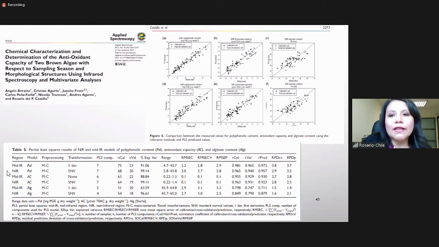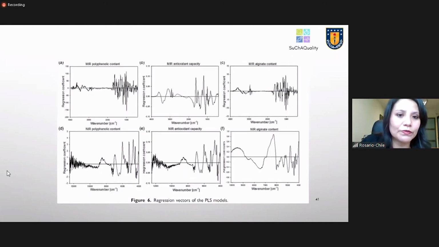So the advantage to use these methods in this case, in this publication, with the use of chemometrics, is that we don't need to make any sample pretreatment. We just acquire a spectrum of the sample, and then we can see the antioxidant capacity or polyphenolic content and so on for a biomass characterization.